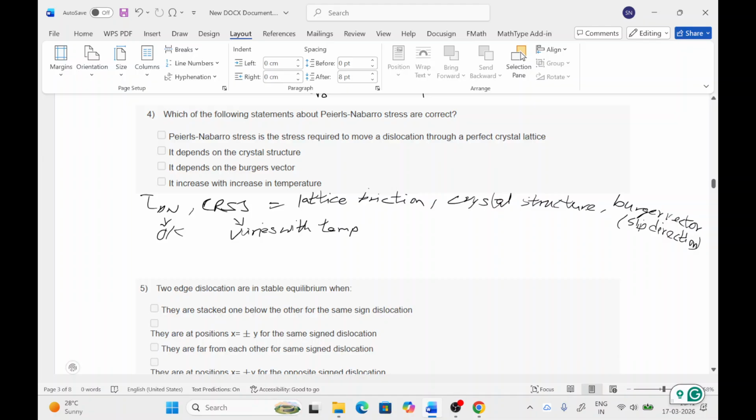So we can find the correct statements from the given options. The first option is correct, it is the stress required to move the dislocation. It depends on crystal structure and depends on the Burgers vector, and it increases with increase in temperature. So this is wrong. So options A, B, and C are correct.